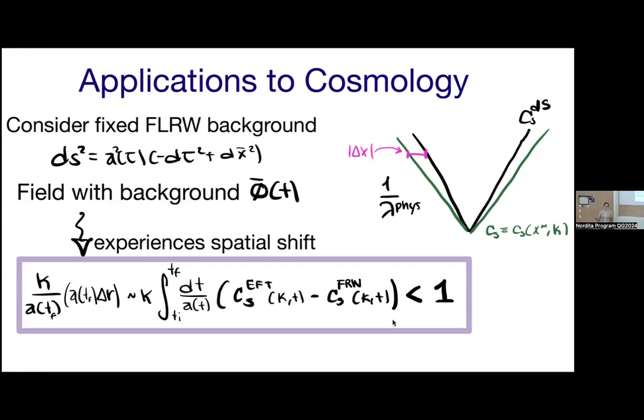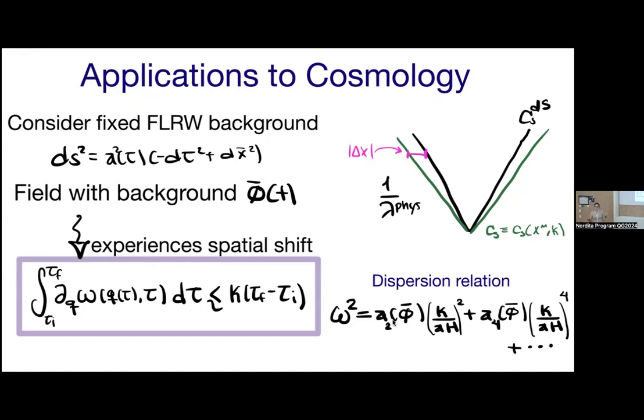So at the end of the day, it's very similar to what we had before, but now you have an integral over time and the difference between the speed of sound that you have in the EFT and the speed of sound of FRW. So if you send your cutoff to infinity, you just have what your speed of sound would be without the EFT. Notice, this is important, that you don't put the flat space part, because you have gravity now, you have a curved background, so you have a deformation of the speed of sound just from curvature.